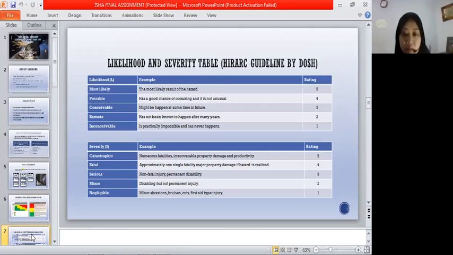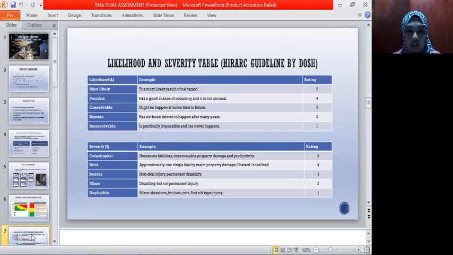For severity, we have catastrophic, fatality, serious, minor, and negligible. These levels have been rated from 5 until 1. The type of accident or incident that happened has been described as you can see in the example. Next.